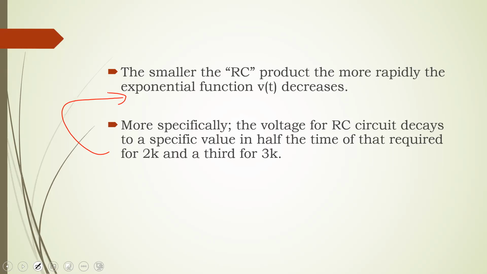If I triple K, it means that the actual time it would take would be 3 times, or in other words, the original K would be a third. Simply put, the higher the RC value, the longer it will take for the voltage, or for the charge, to reach that magical number that we have there.